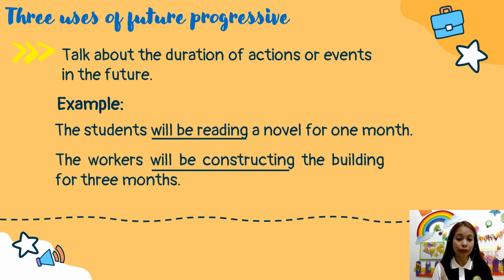And there is a specific duration, which is 1 month and 3 months. So for only 1 month in the future they will be reading a novel and they will be constructing the building for only 3 months. Okay, that is the duration, what you call duration. All right.